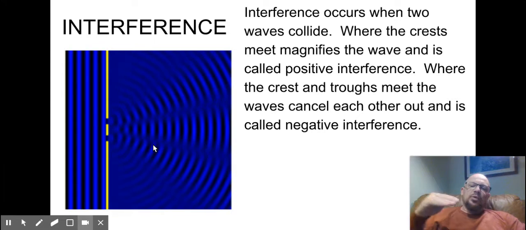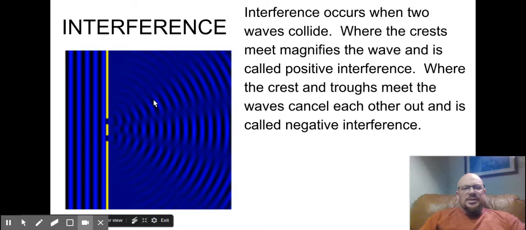If you think of constructive, building something, construction, the wave gets larger. And so you see these spaces here where the wave has become larger, and destructive, or destruction, tearing down, in these blank spaces where the wave gets smaller because of the destructive interference. They cancel each other out where the crest and the trough meet.